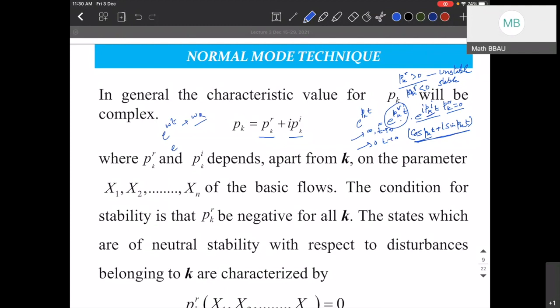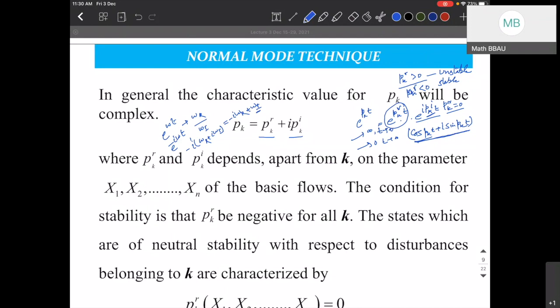If we are taking e to the power minus i omega t, then our main concern will be omega i, because in this case it is minus i omega r plus i omega i, which is minus i omega r plus omega i. So if omega i is positive, the system will be unstable.